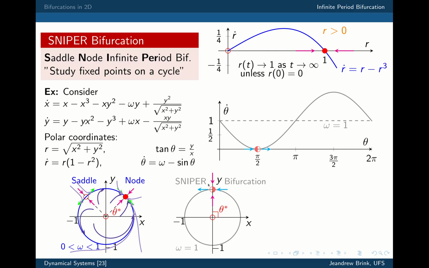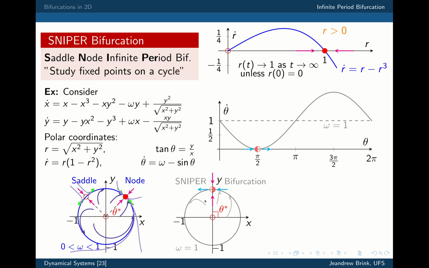Okay, once again, the stability is indicated in the radial direction, and then we have the phi dot behavior indicated with cyan colors. If we put in a few trajectories, r always increases, theta increases except at theta equals pi over 2.